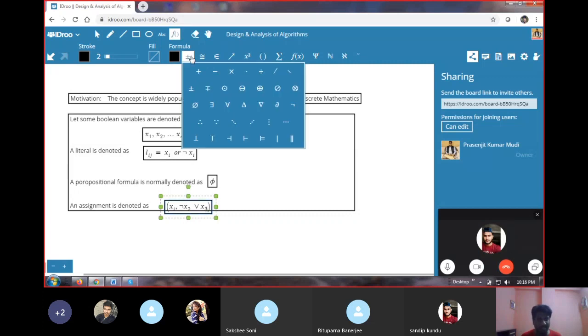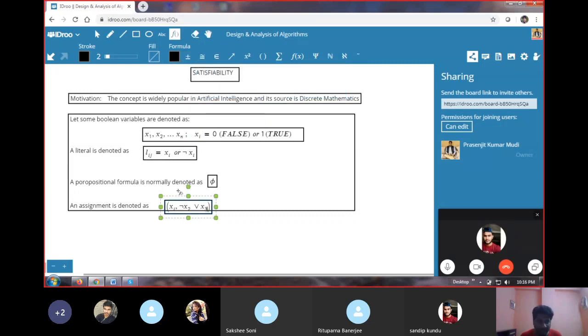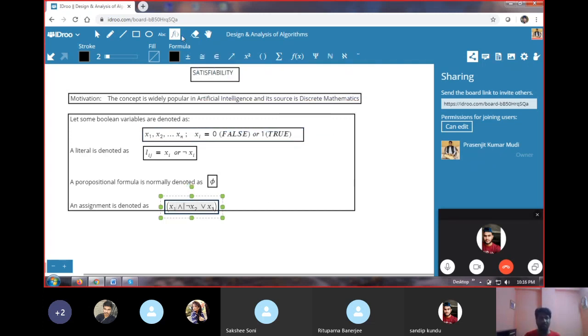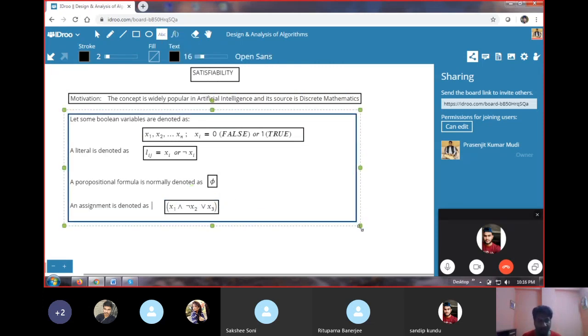These are actually prerequisites. Whenever someone is teaching you this topic, he has to assume that you know this. Okay, but still, I will try to cover as much as possible. So this is an example of an assignment. This is AND operation, and this is OR operation.